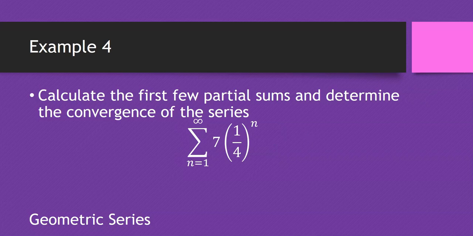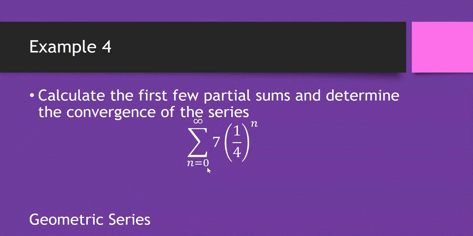Now the next type of infinite series that we're going to look at is a geometric series. Now a geometric series has a property that says 7 times 1/4 to the n. Basically, we have an exponential piece that's being raised. In this case, we have our base being 1/4 being raised to the nth power times a coefficient out front.